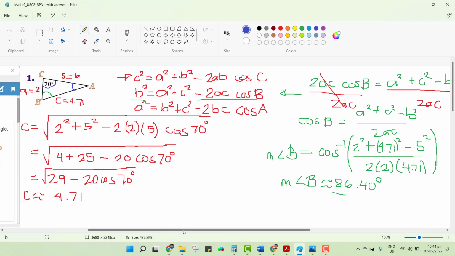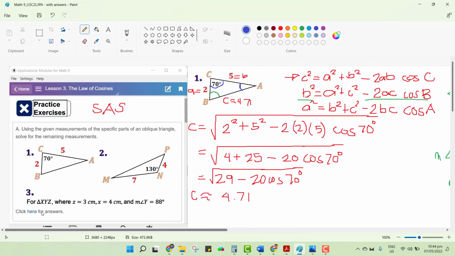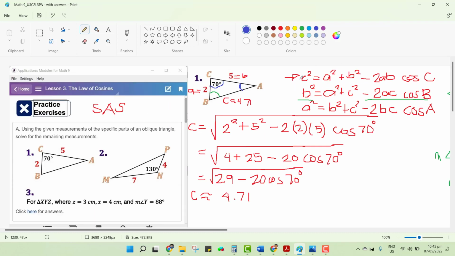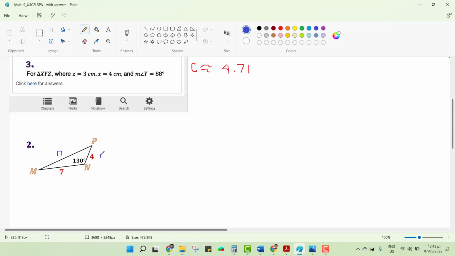So we are going to repeat the process for the second and the third problem. To continue, let us proceed to the next, and we are to solve first this opposite side denoted as n. Applying the same concept here, but using a different set of variables, this would be m and this would be p, which measure 7 and 4.